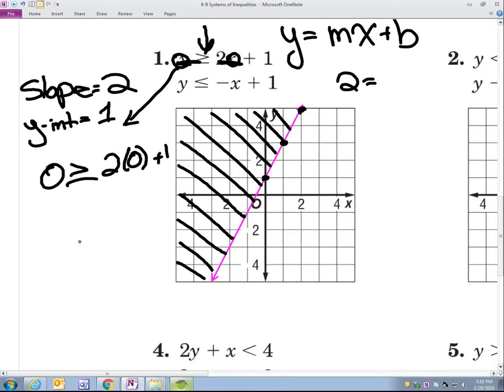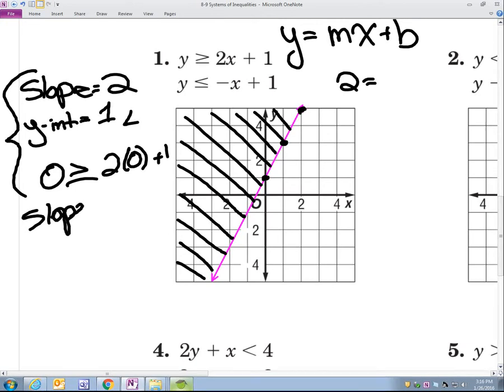Now I'm going to graph the second inequality. The second inequality has a slope of -1, because -1 times x is -x. And -1 is just -1 over 1, rise over run, change in y over change in x, so I can see where to go after I find the y-intercept. Now, they're not all going to be this nice and easy.